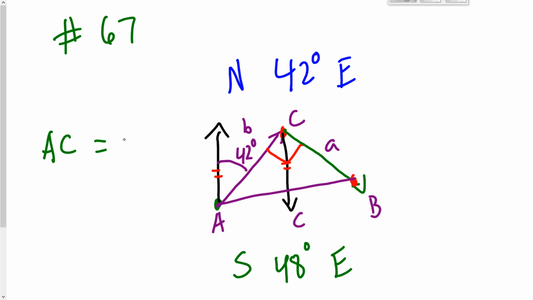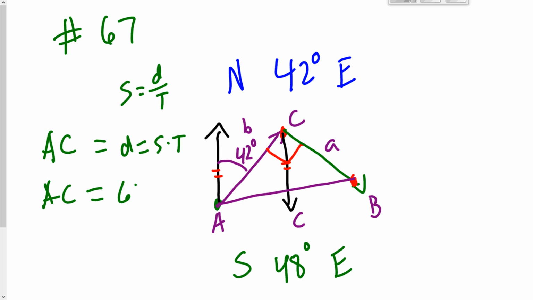Speed equals distance over time. So if I want to find the distance, I take my speed times time. So the distance from A to C is 65 miles an hour for 1.1 hours, so we get 71.5. So there's that distance.